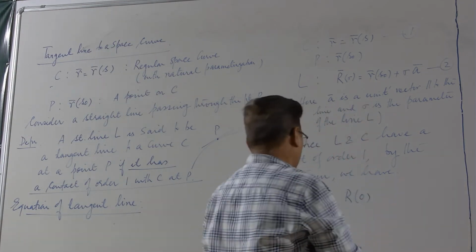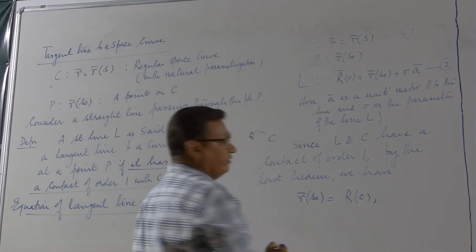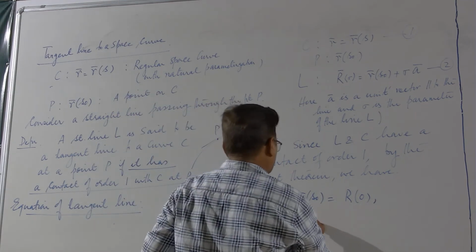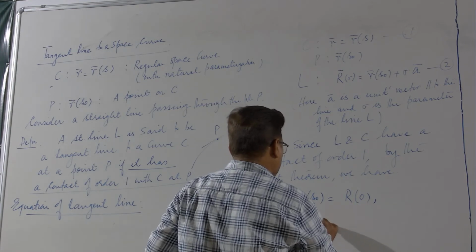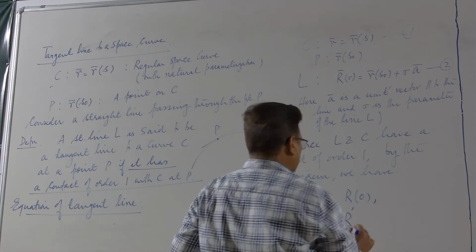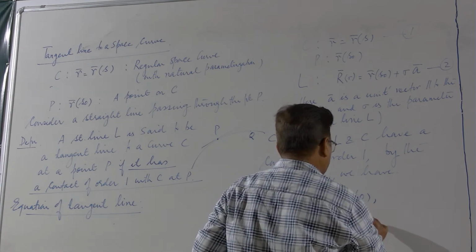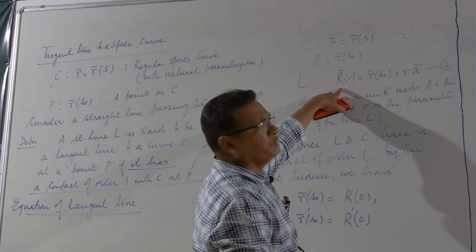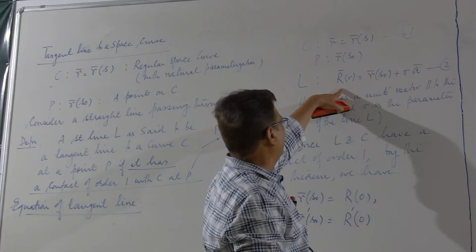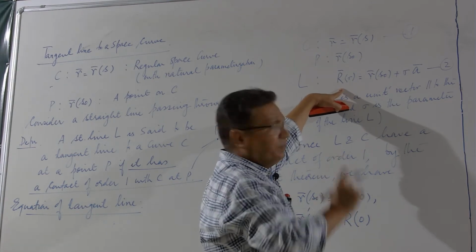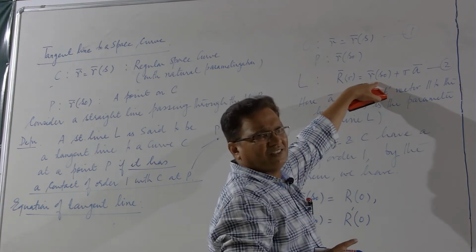And number 2, their derivative must coincide. So, the derivative of the first at s0, r'(s0), should be the same as R'(sigma) at 0. So, we need to compute this, which I can do from here. When I take capital R', the derivative of R with respect to sigma, lambda will be treated as constant.